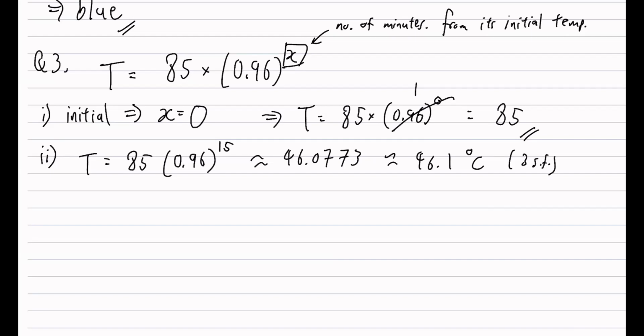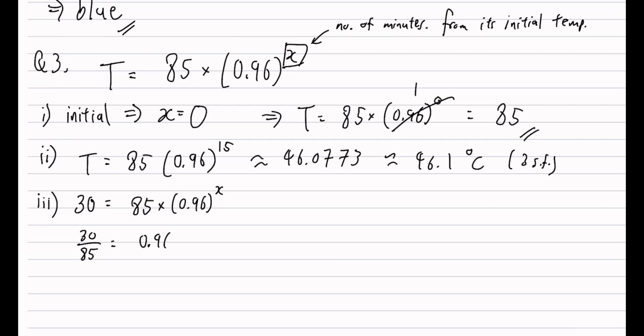Is that okay? Part 2? Yeah. Part 3, value of x when T equals 30. Here you have to be careful, you're subbing in the T, not the x. So 30 equals 85 times 0.96 power x. How to solve for x? Divide 85 both sides.